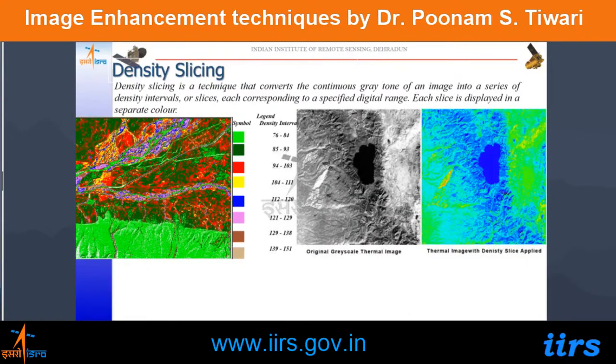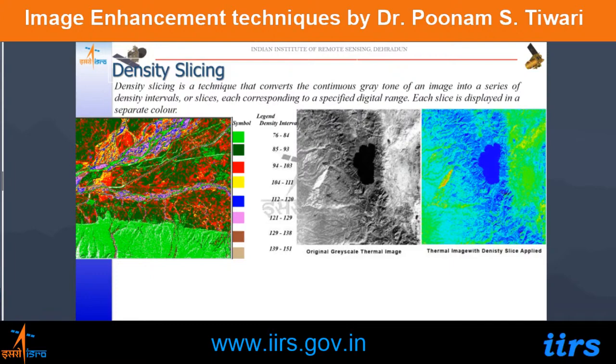Now, density slicing is also one technique which is sometimes represented as an image enhancement technique. In density slicing, we can slice our histogram into various areas, and for every area we can assign a different color so as to make the features more interpretable and the image more visually appealing.